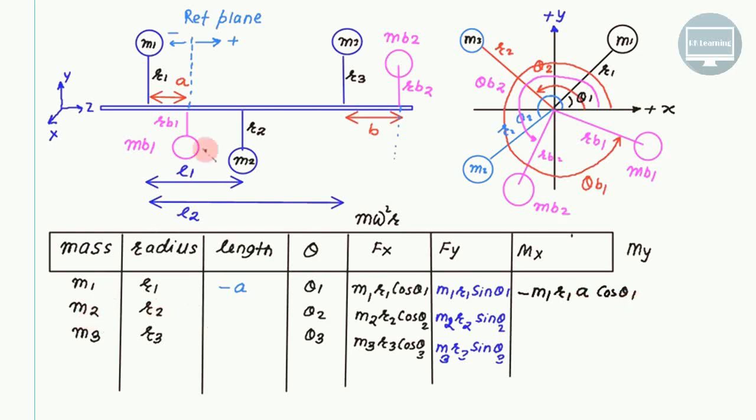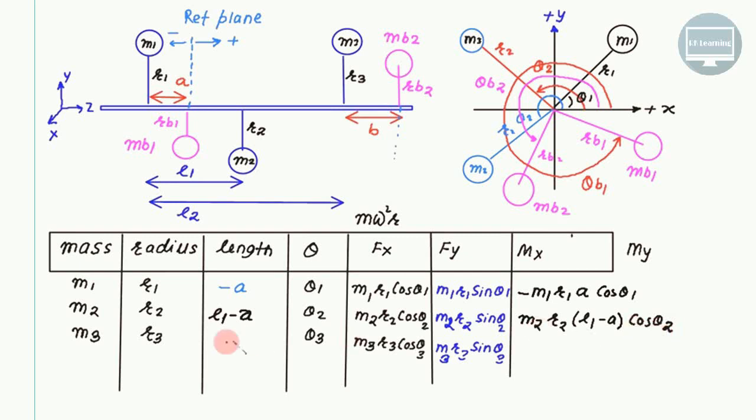For M2, M2 is here. So what is this distance? Is this distance a positive distance? So this distance is L1 minus A. Agree? So what is the corresponding force? Is it a positive sign? So this one is M2 into R2 into the distance L1 minus A multiplied by cos theta 2.